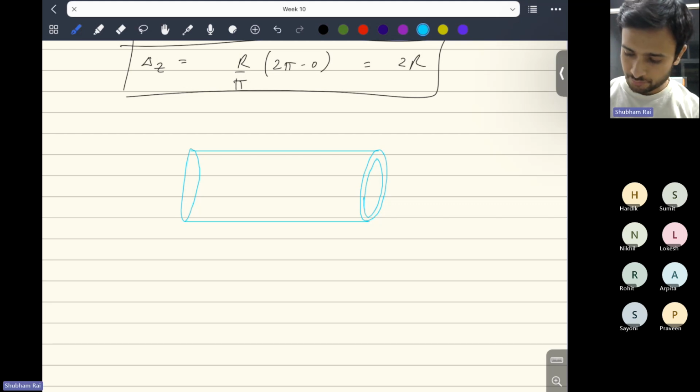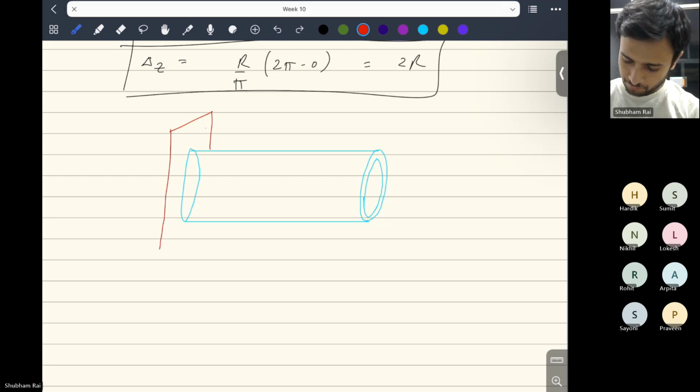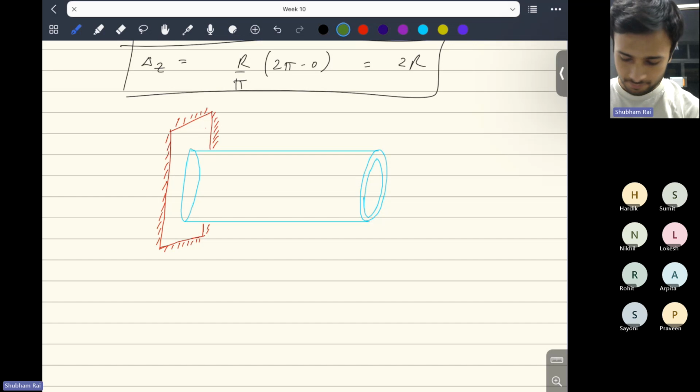Let's say it is fixed from here. And say at the center you have, this is the center of the beam, and this is a distance r.